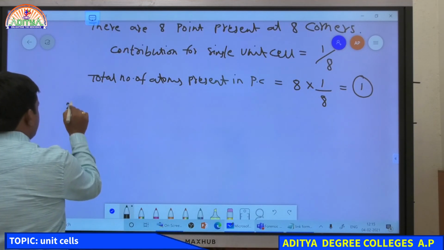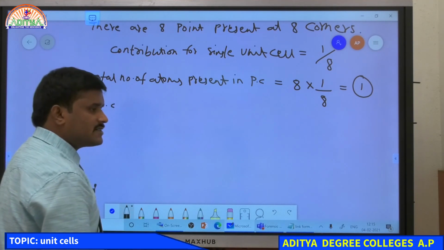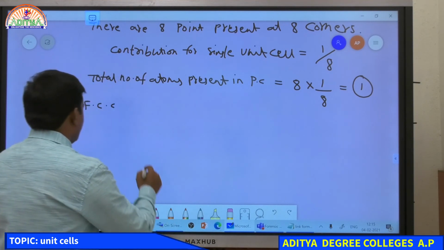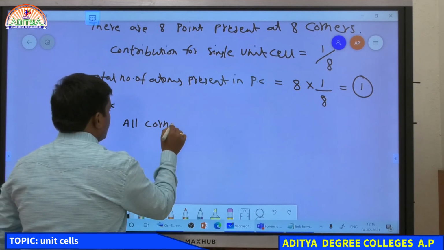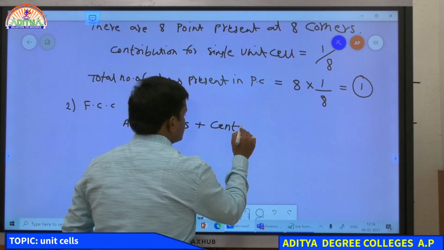The second unit cell is FCC, the face-centered cubic unit cell. In this unit cell, the atoms are arranged at all corners as well as the center of each face.